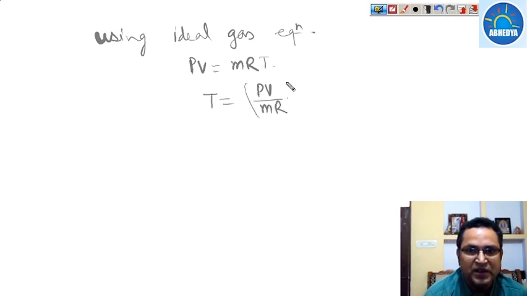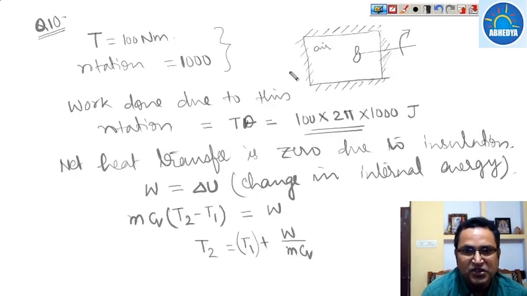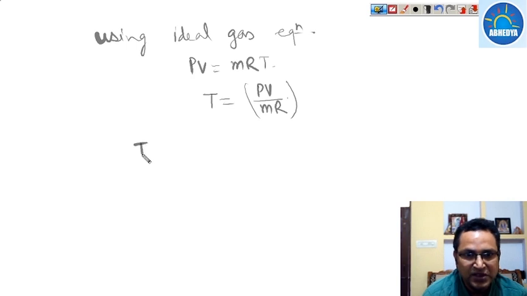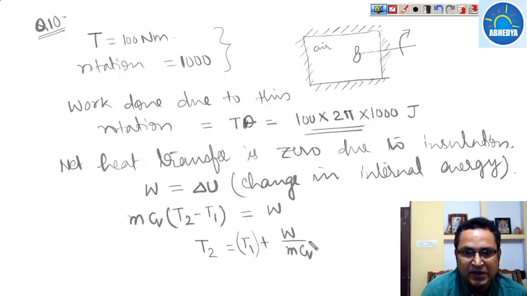Now putting the value of this temperature in the given question, what is the value of T2? T2, that is the final temperature, comes to be the initial temperature, so this is P1 V1 upon mR, plus W upon mCv.